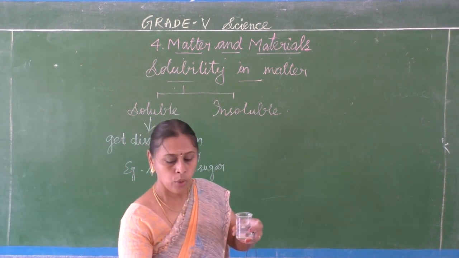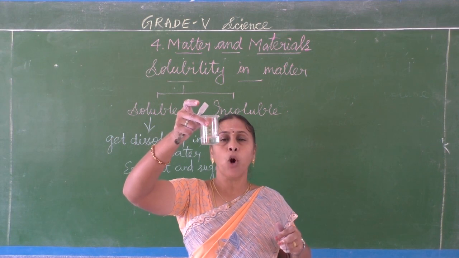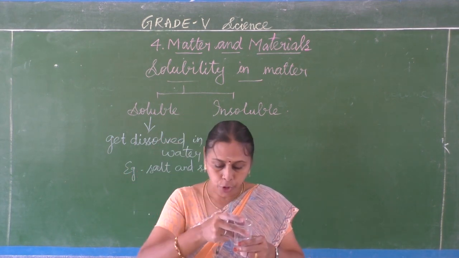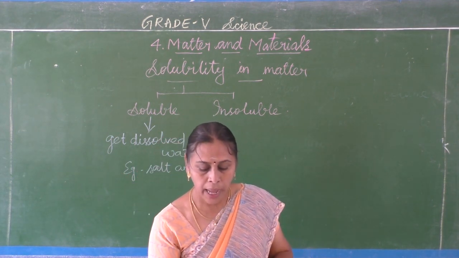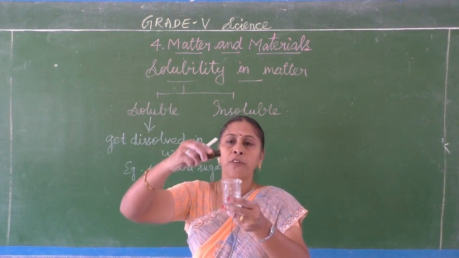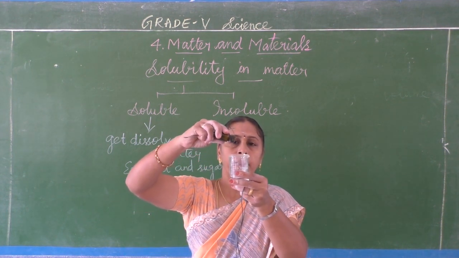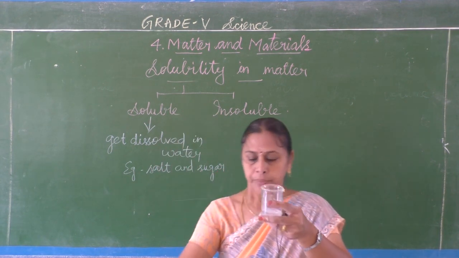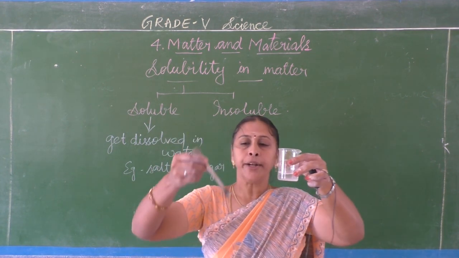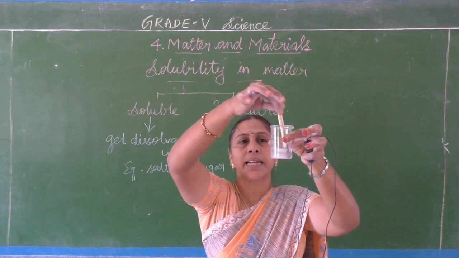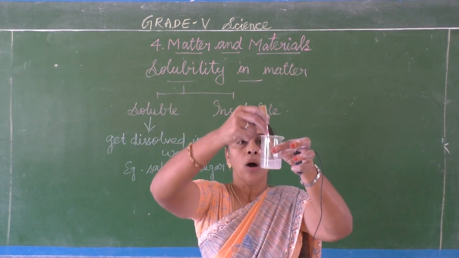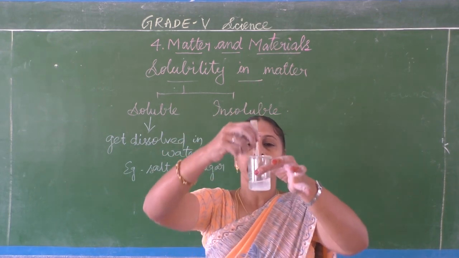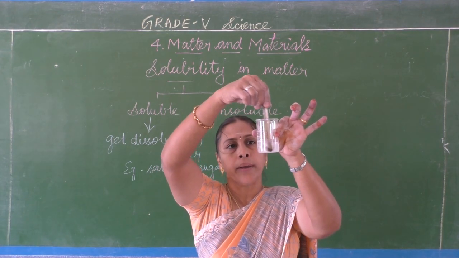Children, now I have taken water in a beaker, and to this I am going to add a pinch of salt. I am adding salt to this. And I am going to mix this with a stirrer. Now, how will this look? Will it get dissolved or not?